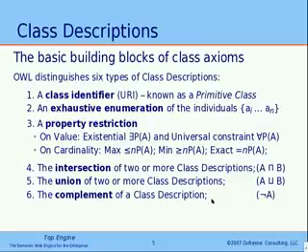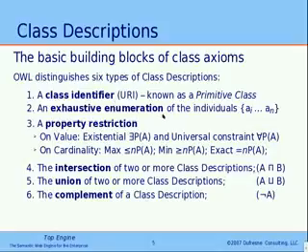OWL distinguishes 6 types of class description. The first type is a class description in terms of a class identifier, which is known as a primitive class. For example, male and female can be defined as primitive classes.